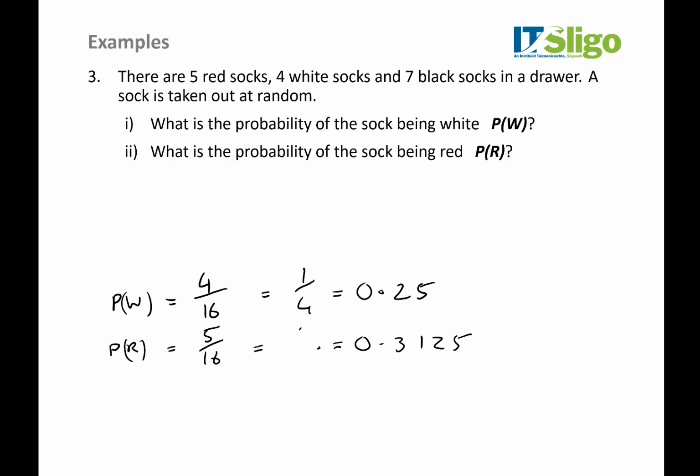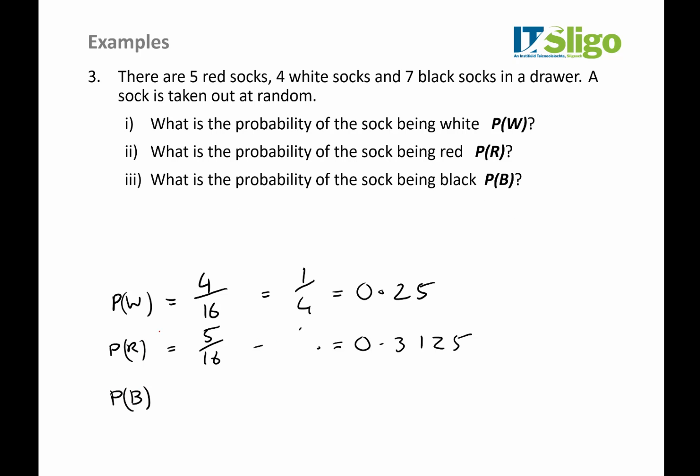And finally then, what's the probability of drawing a black sock? Seven of them in the drawer. This sounds a lot like my sock drawer. Again, that's not going to simplify. And when we work this out, we get 0.4375.